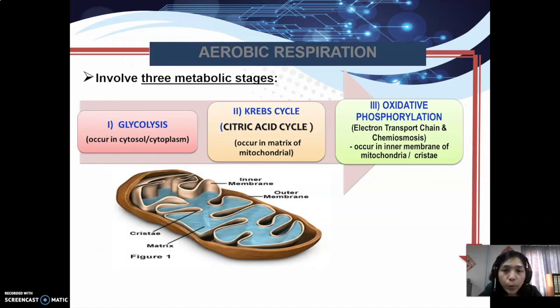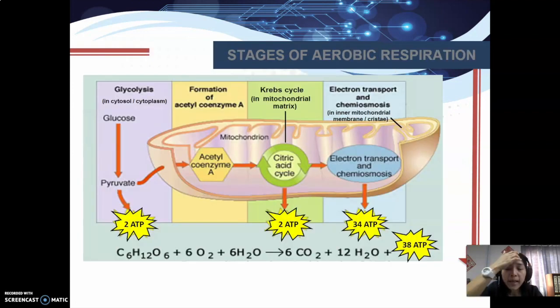This process of aerobic respiration can be further detailed into three metabolic stages: glycolysis, Krebs cycle, and oxidative phosphorylation. In between glycolysis and Krebs cycle, we have one small stage known as the link reaction.